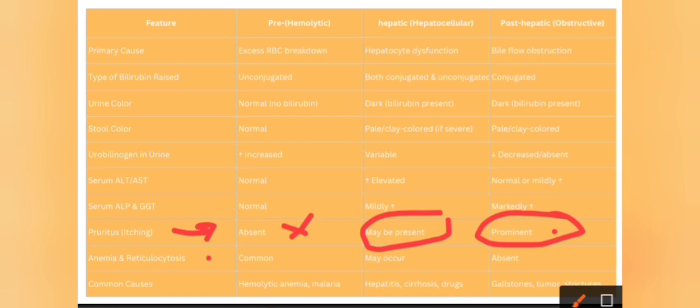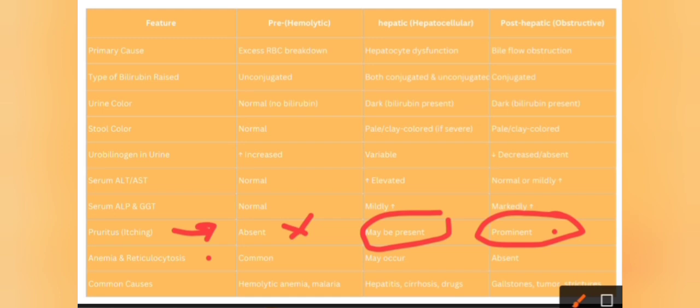Anemia is due to RBC loss, and reticulocytosis is the response of the body for that loss. So it would be high in case when there will be RBC breakdown. So that is common in case of pre-hepatic type.